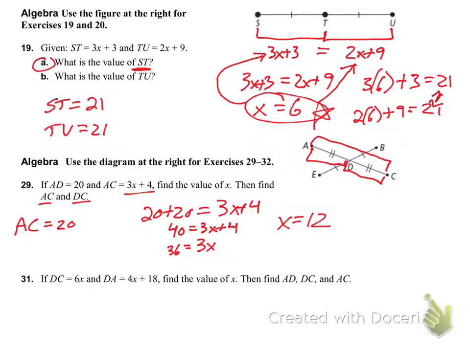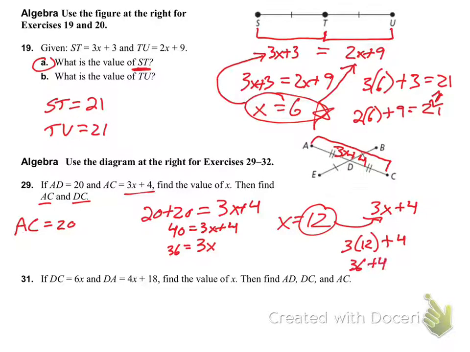And then for AC, which is the entire thing here, because this whole thing is equal to 3x plus 4, I'm just going to plug it in. I'm going to take this x and plug it in right there for x. So that'd be 3 times 12 plus 4. So 3 times 12 is 36 plus 4 is equal to 40.